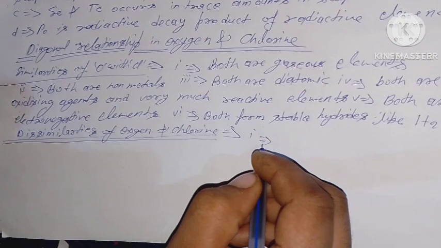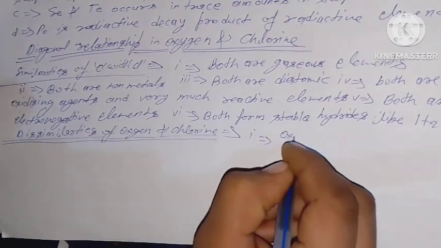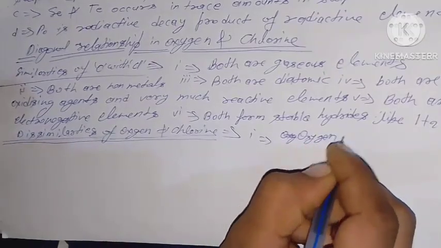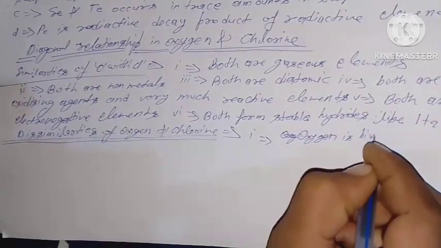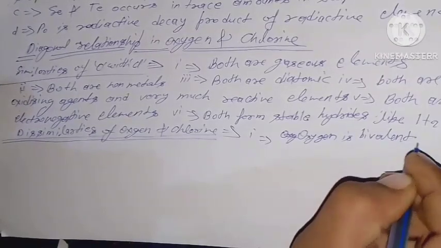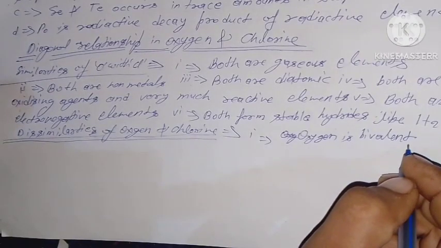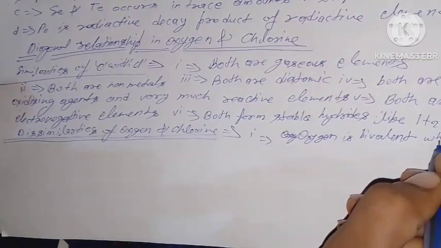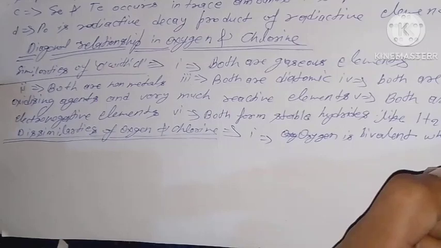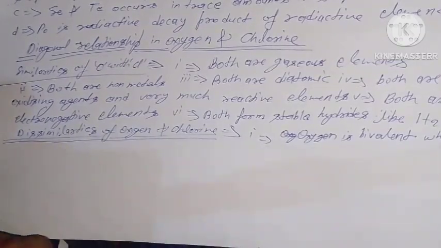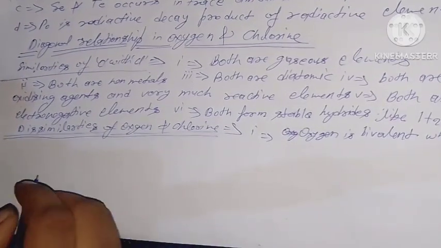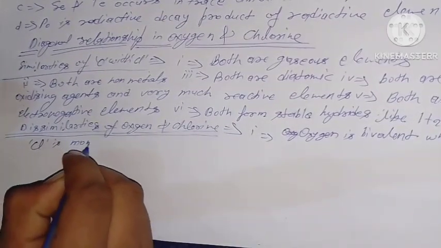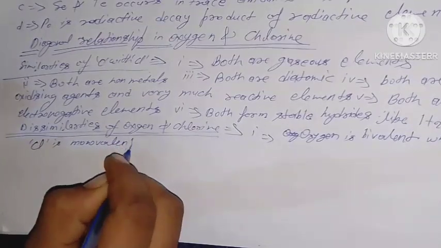First, oxygen is bivalent, whereas chlorine is monovalent.